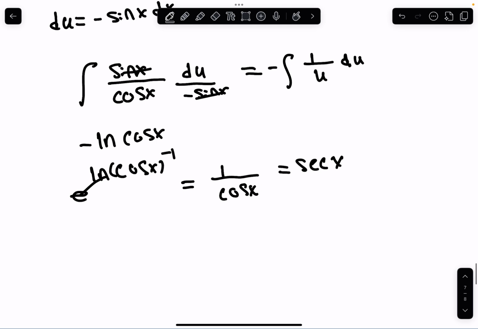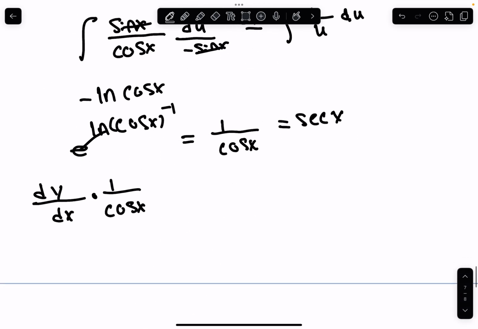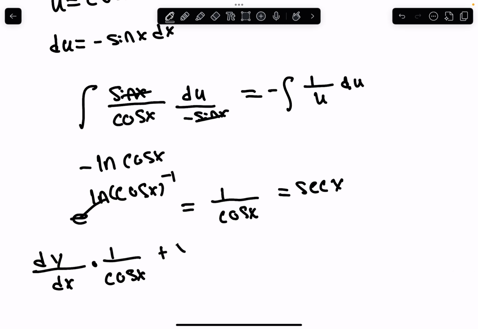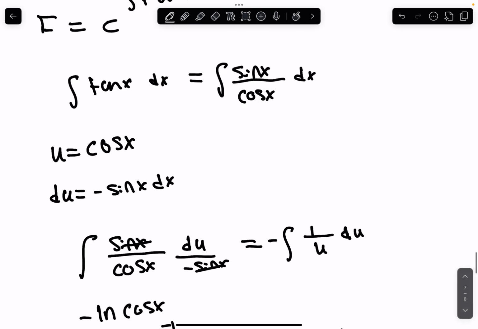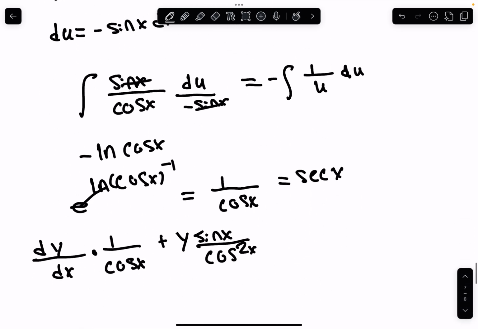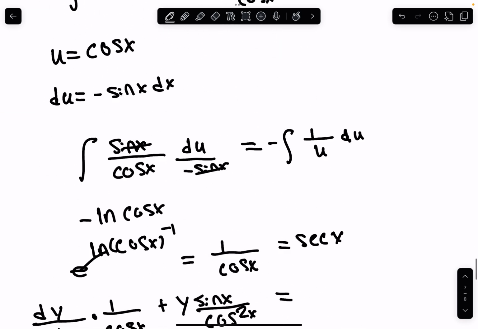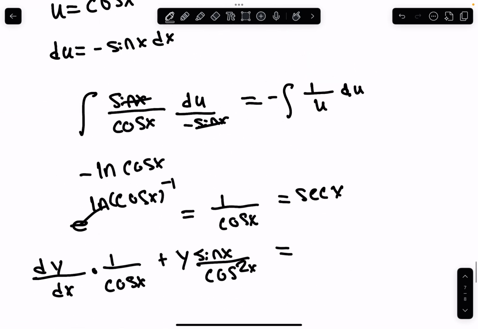So multiplying through, it will be dy by dx times 1 over cos x plus y sine x over cosine squared x, since we're multiplying by 1 over cosine x. The other side is sine x, so we're multiplying by secant x, it will actually be equal to tan x.